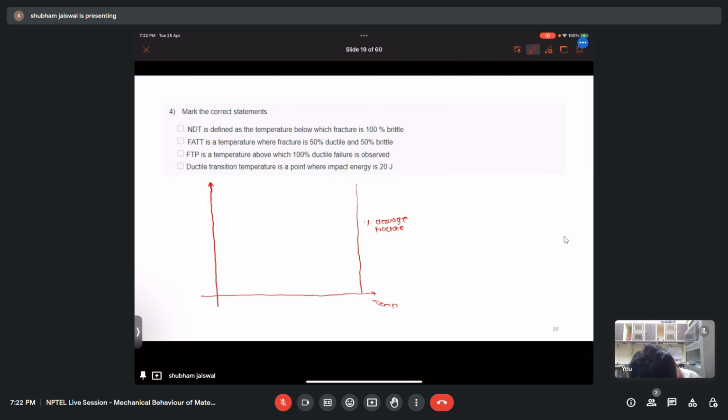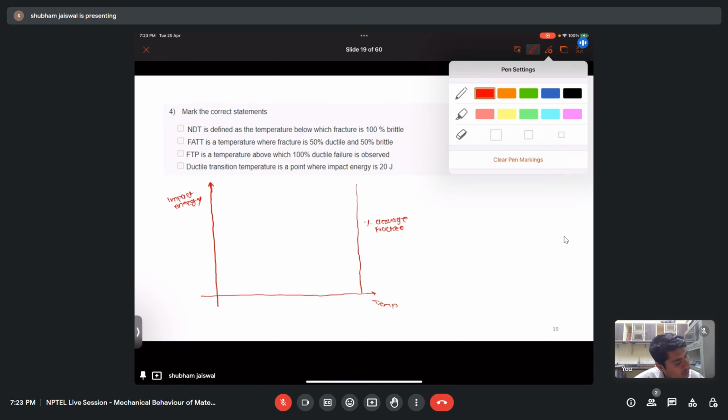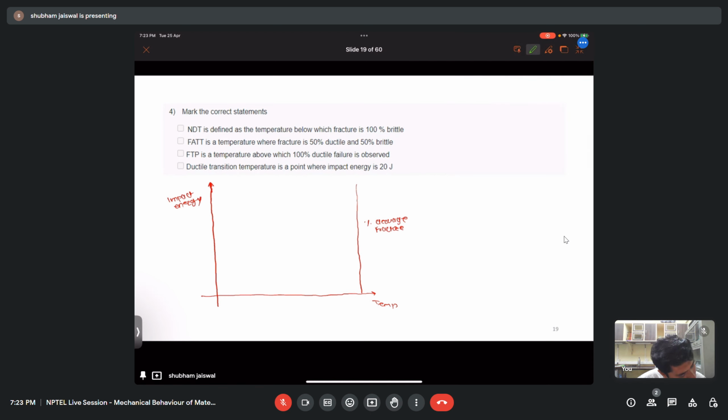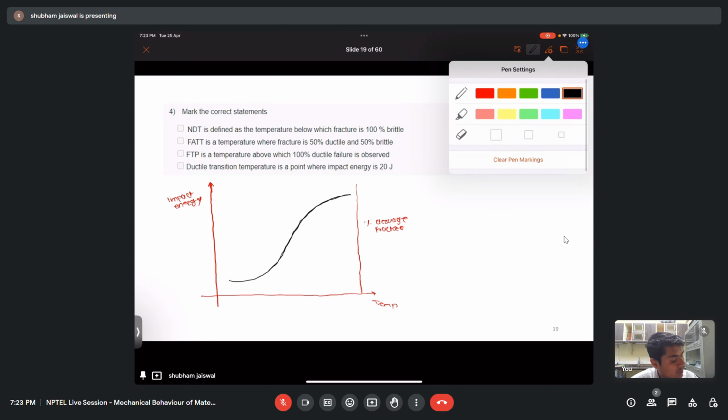Here we have the impact energy, and we have a curve something like this for impact energy versus temperature.